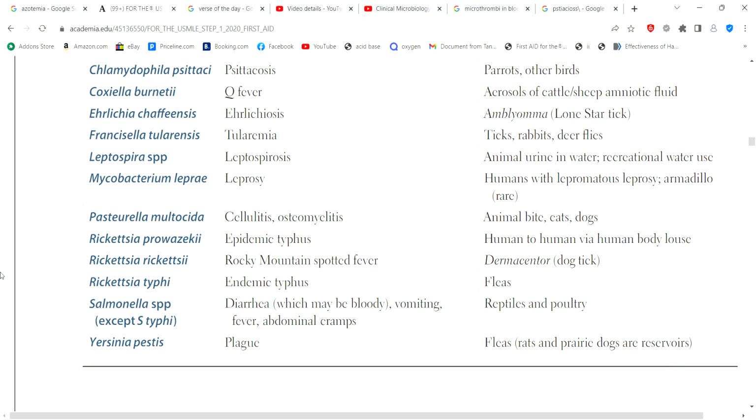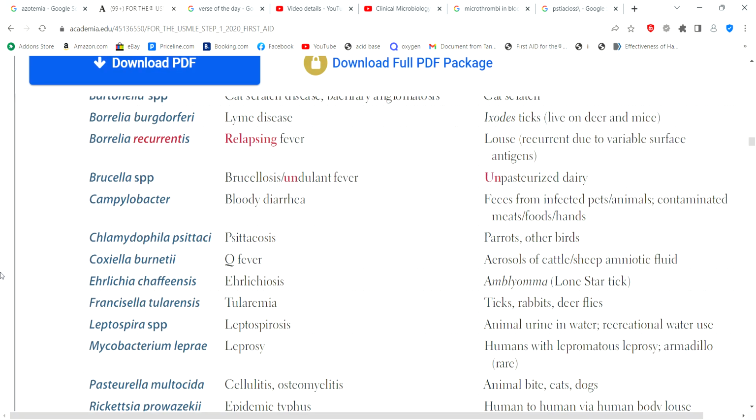Ehrlichia chaffeensis causes ehrlichiosis. It is transmitted by the Lone Star tick, also known as Amblyomma. But Amblyomma, okay, I'm just gonna remember that as your mama.